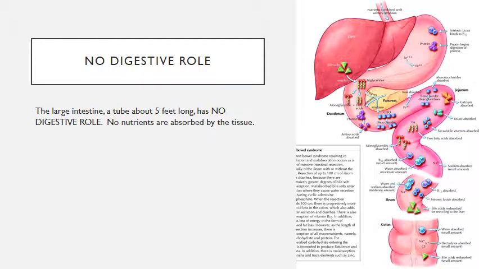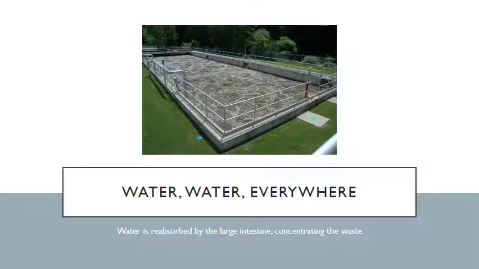There are no nutrients being taken out of the chyme at this point. There's no nutrients being absorbed by the tissues. The point of the large intestine is to reabsorb water. So from the small intestine, we were adding a lot of water. It's actually really interesting, because if you think about it, chyme itself doesn't have terribly much water in it.